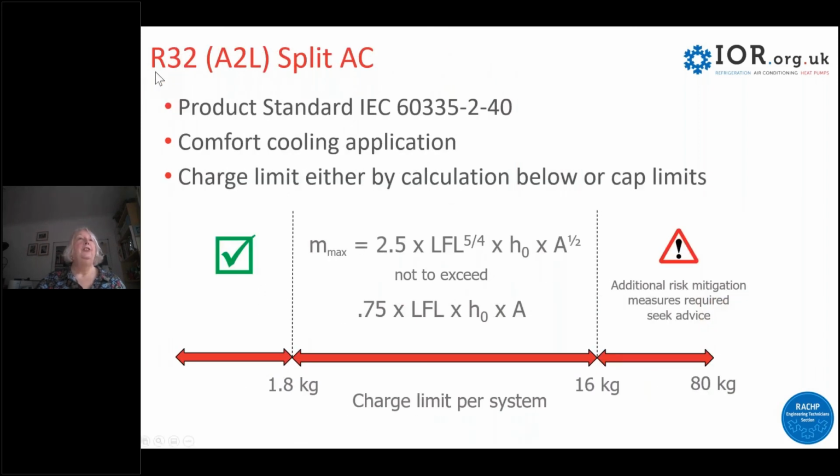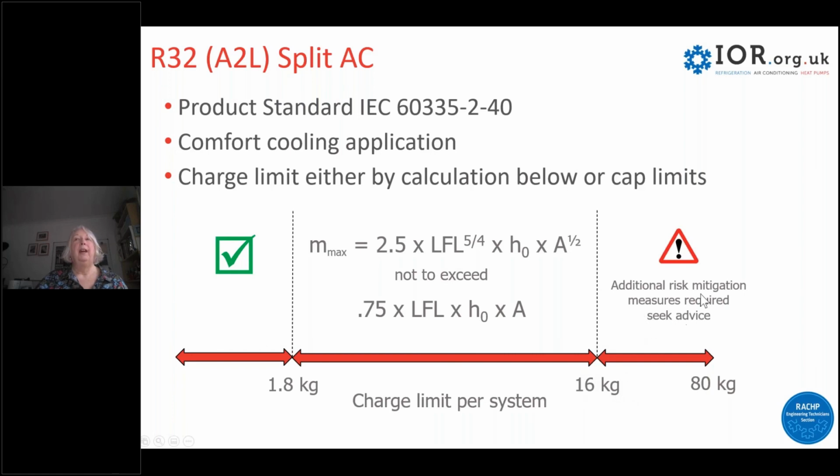And then when we look at air conditioning applications, the standard is different. So we're looking at a different standard here. So a typical comfort cooling application, our charge size is again limited by the room size, a slightly more complicated equation here, but it gives us a maximum charge dependent on room size, up to 16 kilograms.